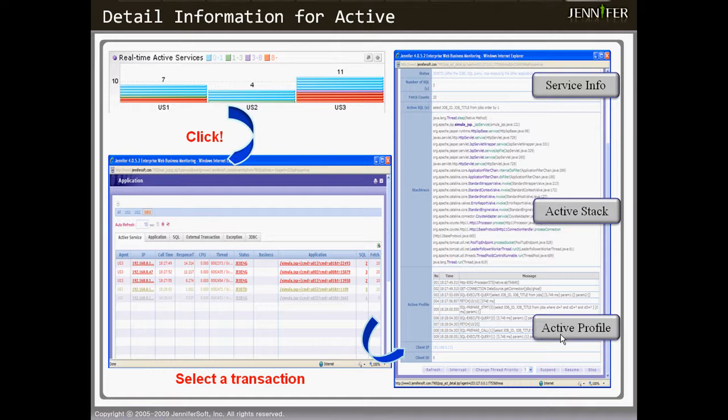Other solutions can only show summary and profile for services that are completed, thus it cannot show summary and profile data for services that are being delayed indefinitely, or services that are hanging, which are causing the performance problems. With Jennifer, system administrator can diagnose these services in real time, so that the fix can be created as soon as possible.